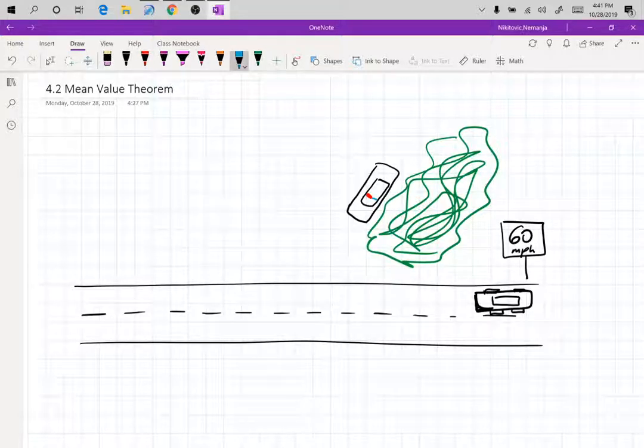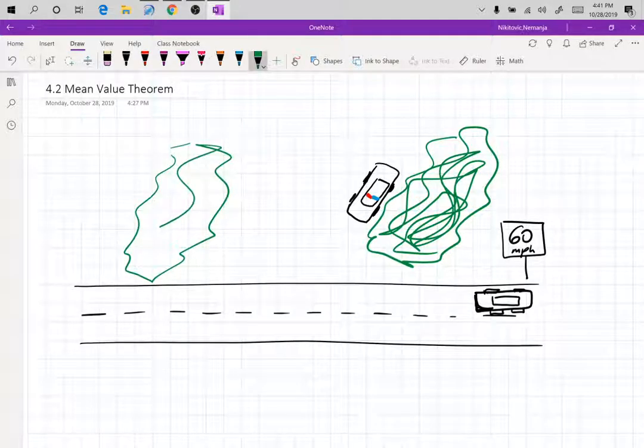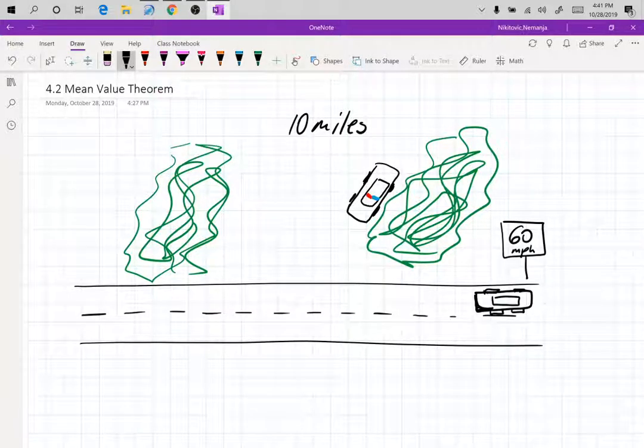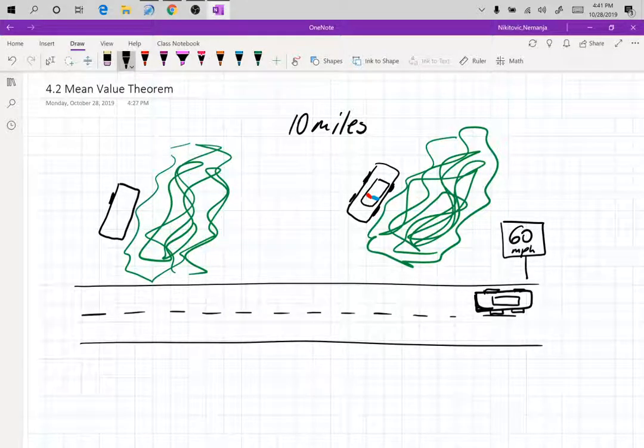This car is going to have Christmas lights on it. There we go. And then let's say 10 miles down the road, we're going to place another car with lights also.